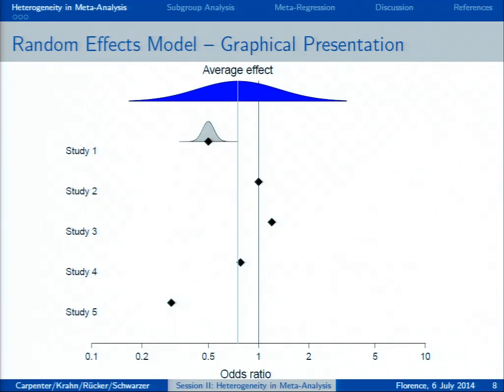So our theta hat 1, our estimate from study 1, is normally distributed about theta 1, which is in itself normally distributed about theta. So the variance of theta hat 1 around theta 1 is sigma squared 1, and the variance of the diamond here, theta 1 about the overall theta, is tau squared.